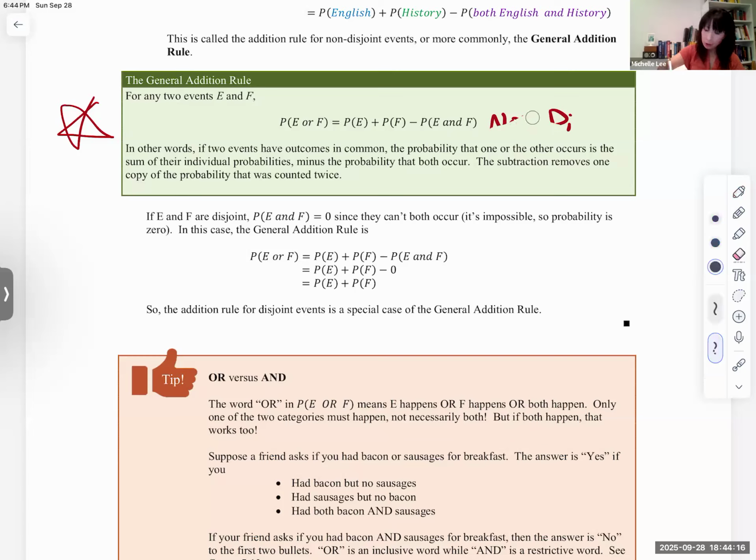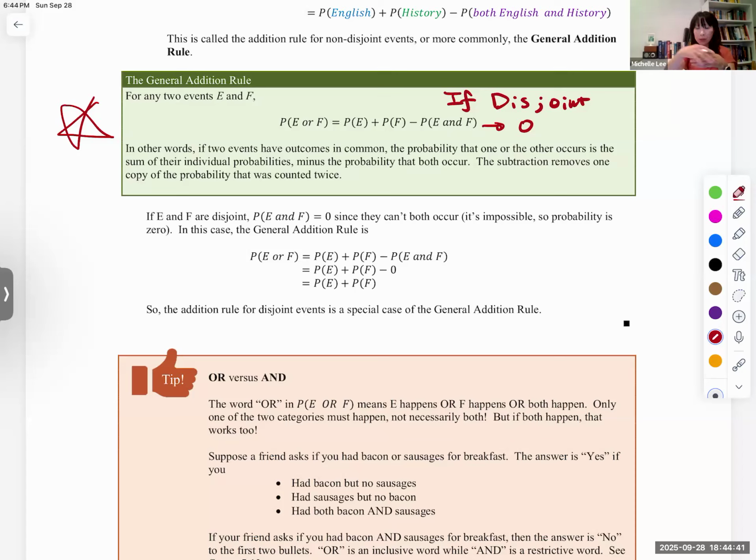Let me write down. If disjoint, then this part will be 0. Because there's nothing disjoint, right? So nothing overlap, right?